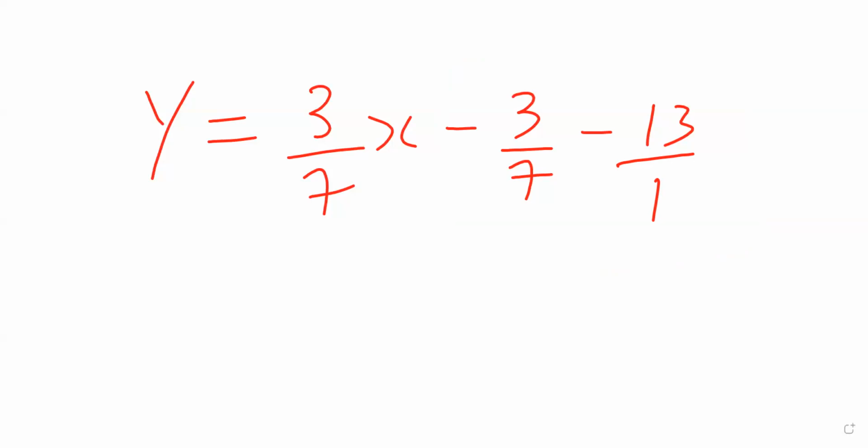So all I need to do is to make sure that these denominators are the same. Now, they are not the same because we have a 7 and a 1. But the question is, what number could I multiply this by so that it becomes a 7? Obviously, 7. Whatever I do for the denominator, I do the same thing for the numerator.